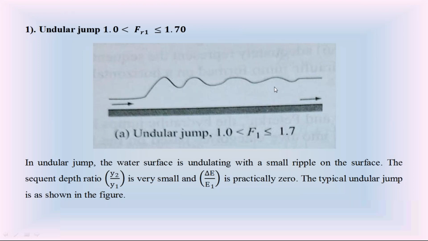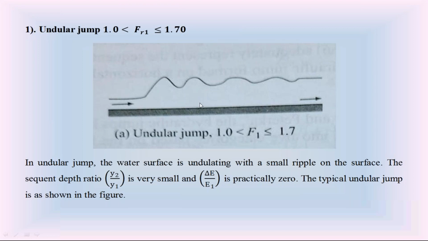So in this angular hydraulic jump, y1 is the depth of water flow before the hydraulic jump, and y2 is the depth of water flow after the hydraulic jump. In the angular hydraulic jump, the ratio of y2 by y1 is very, very small, and in this hydraulic jump the loss of energy is almost negligible, 0. So delta E divided by E1: delta E is the loss of energy in the hydraulic jump, and E1 is the energy of water flow before the hydraulic jump.